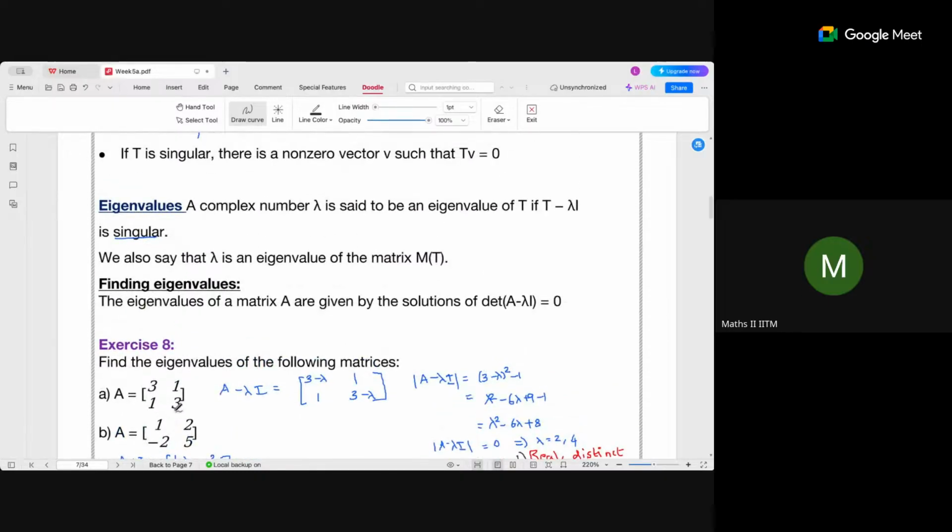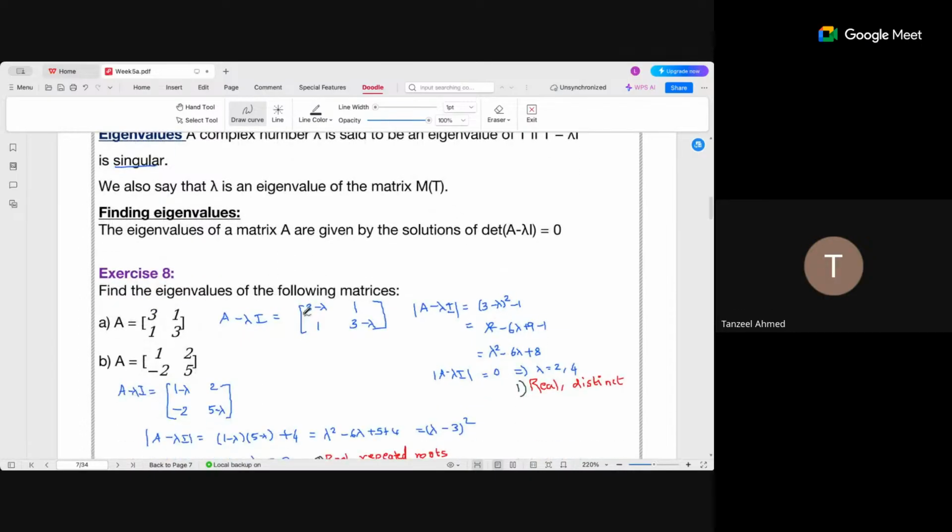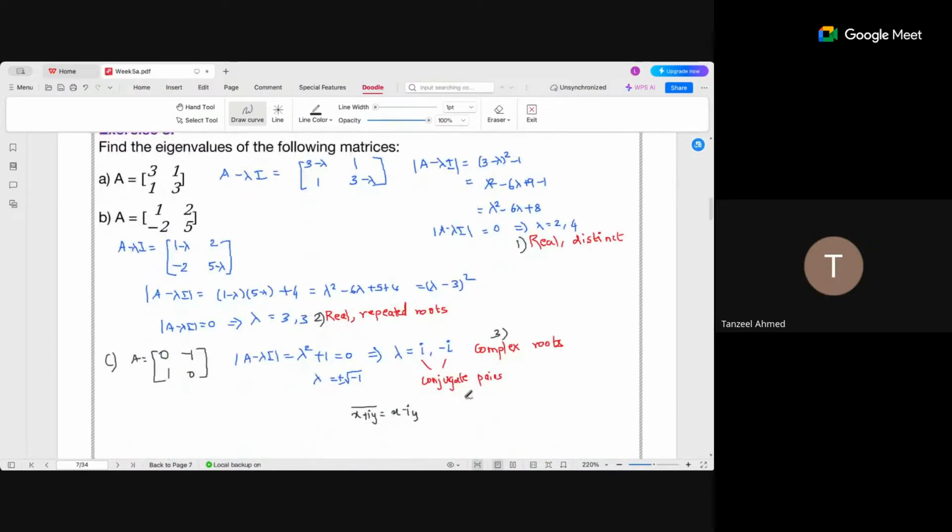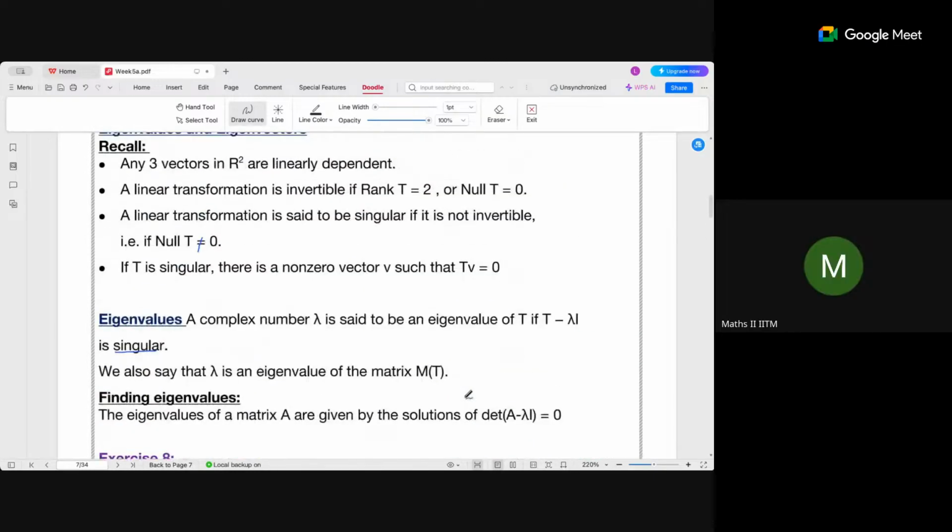Slowly, we will also look at complex matrices. So the question was, even a real matrix can have complex roots. Yes, that's why I told you that this has a reason.